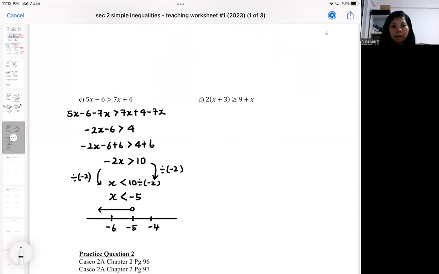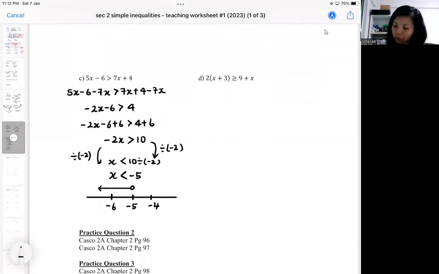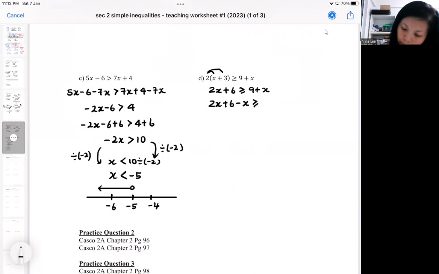If it gets more complex, it doesn't matter. You are still doing your algebra. For this situation, I've got to expand the bracket. It's a very basic instinct that you should expand the bracket. Then bring all the x to one side. So I'm subtracting x on both sides, and then subtracting 6 on both sides.